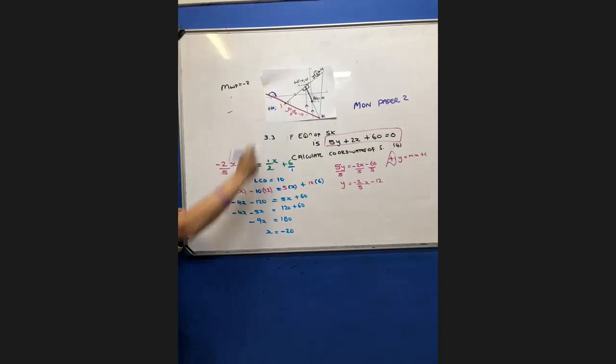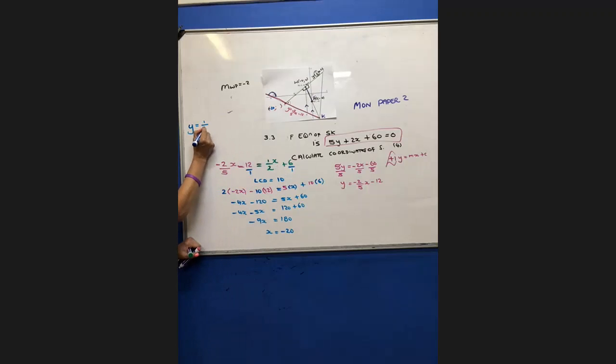Now, to get the corresponding y, you need to sub that into either equation. They're both pretty horrible, but I think if I put it into this equation, the gradient is a half, replace x with the negative 20, and there's plus 6. Then 2 divides into 20 ten times. It's minus 20, remember.